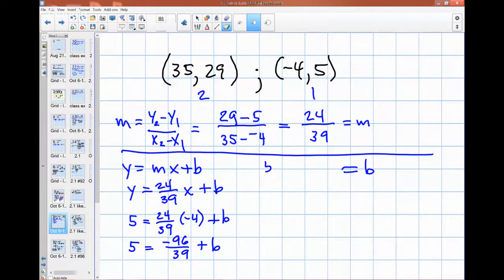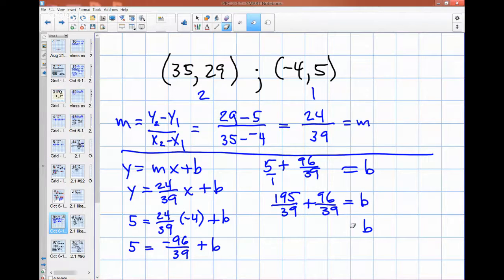So we've got 5 plus 96/39ths. So 5 is what over 39? Well, 3 times 5 would be 15, so it must be 195. 195/39ths plus 96/39ths.